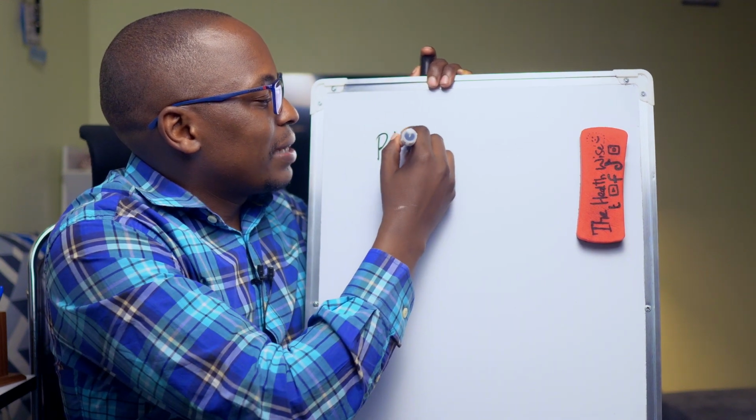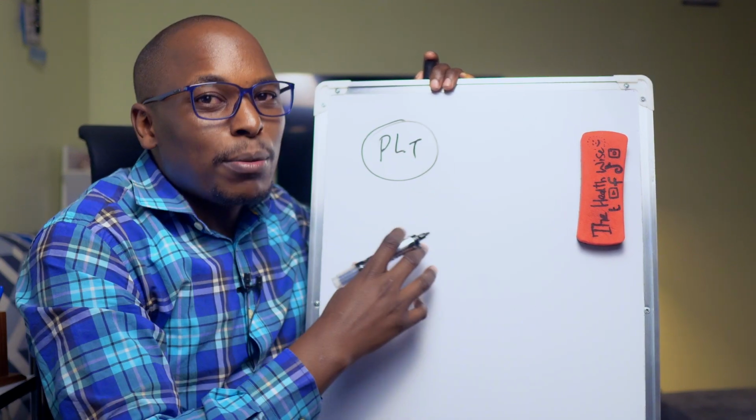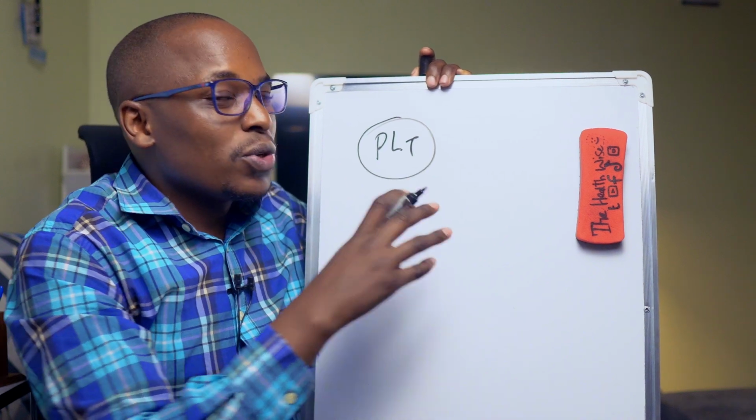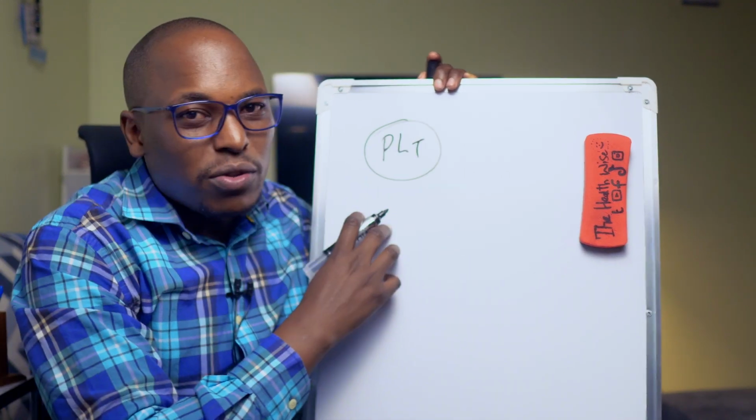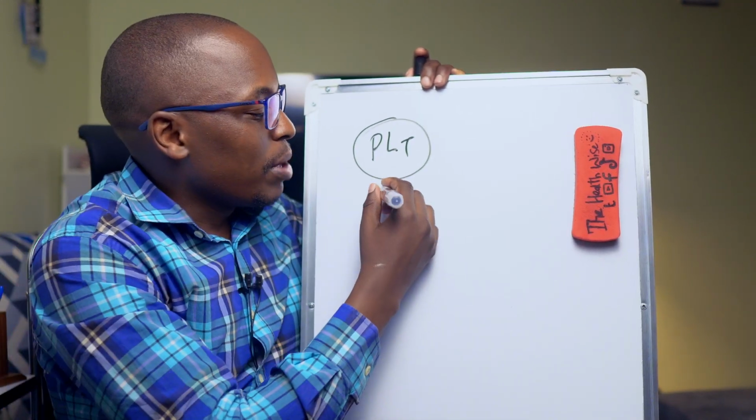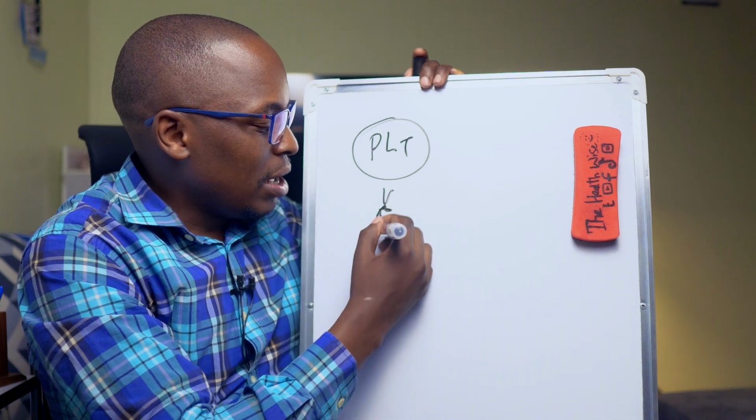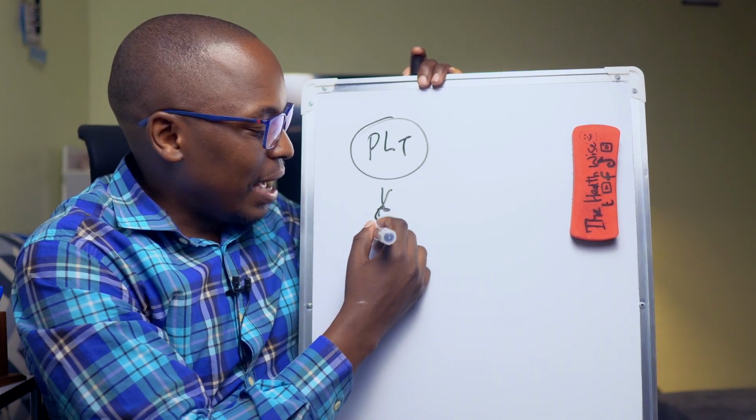It's called the platelets. The platelets are very, very important, and you all know this because when you get injured, maybe one of your vessels has been injured, maybe it's a vein, maybe it's a capillary or an artery.